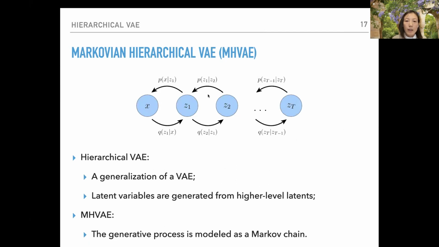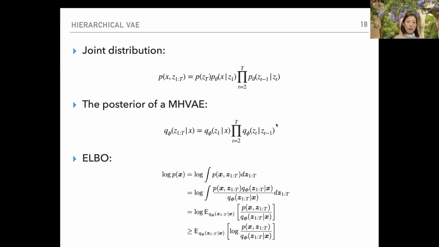We can see that in each step, the latent is generated only from its previous latent. So based on this, we get the joint distribution and posterior of the Markovian hierarchical VAE, and we can also get the evidence lower bound. You can see it as a stack of several VAEs.